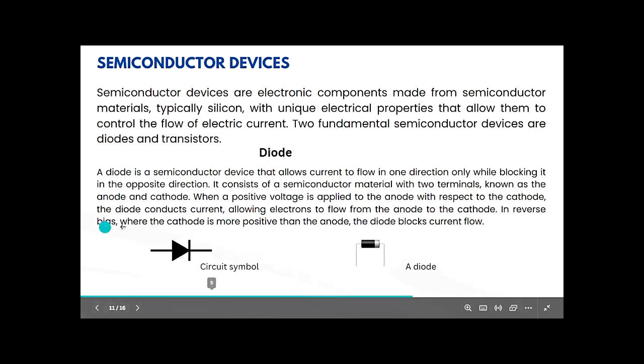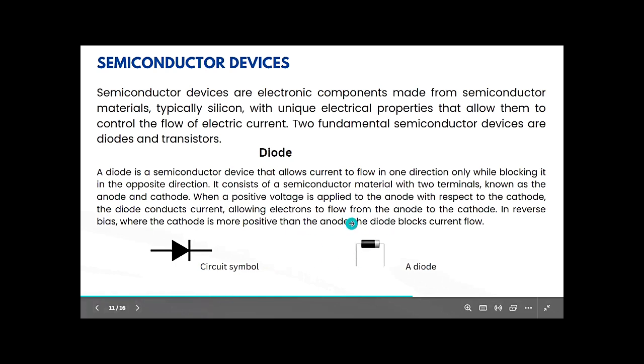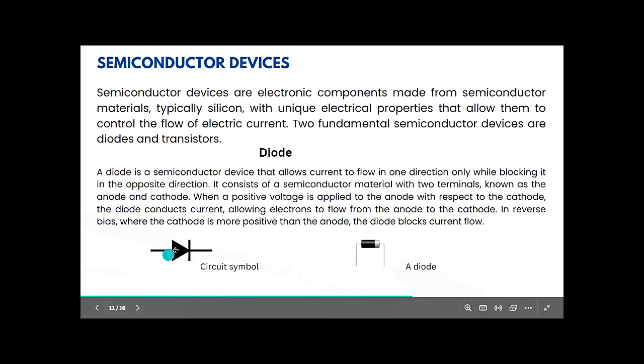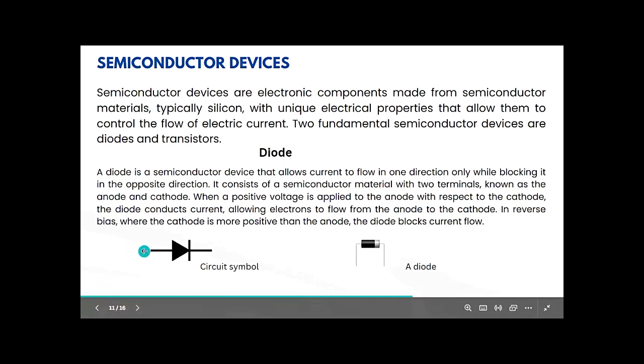In a reverse bias connection, the cathode is more positive than the anode, and this makes the diode block the flow of current. So the meaning of biasing, be it forward or reverse, is this: in a forward bias, the anode is connected to the positive terminal and the cathode to the negative terminal, and this allows the diode to work as expected, as a device that allows the flow of current in only one direction.